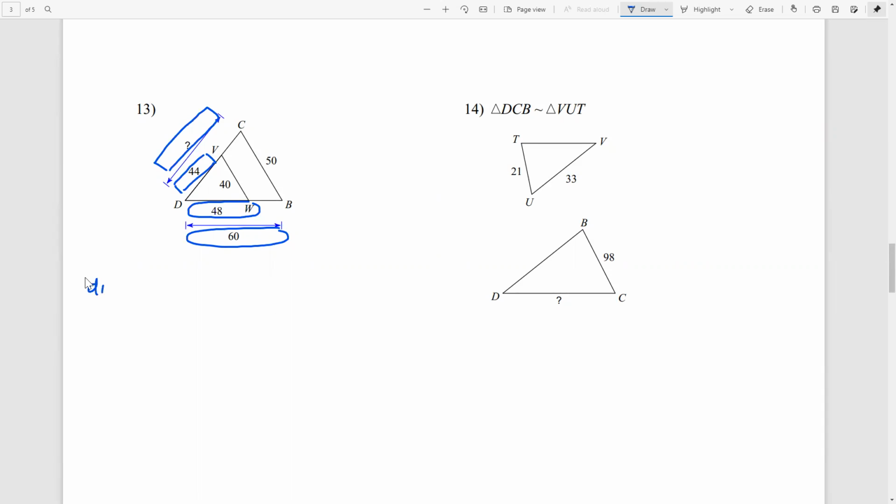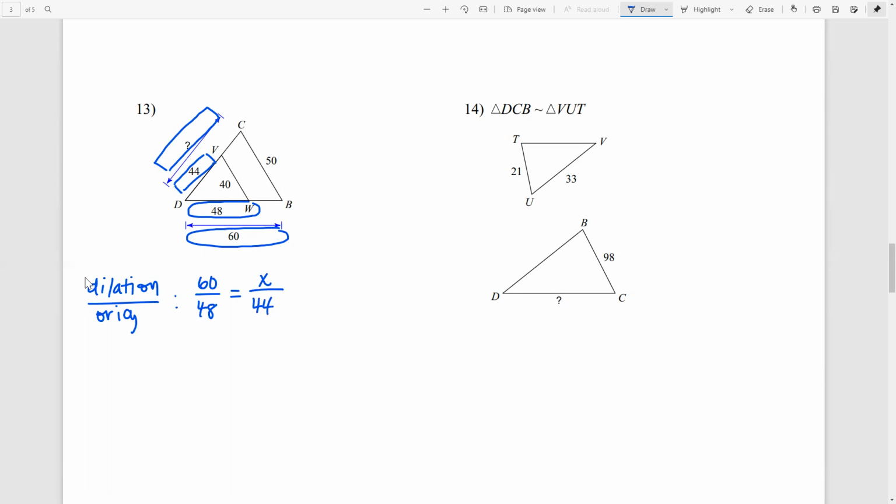Again, we'll use the dilation over my original. So I have 60 corresponds to my 48 is equal to my unknown length over 44, right? Once you get a hang of this pattern, setting up these equations, all we have to do is straight algebra.